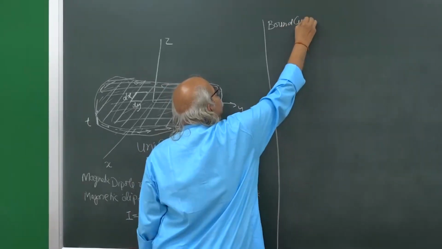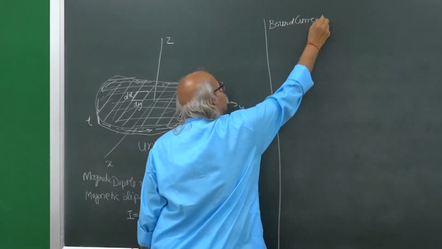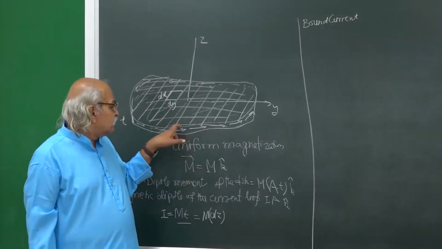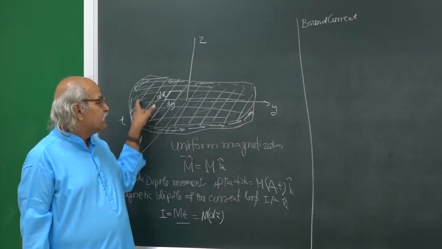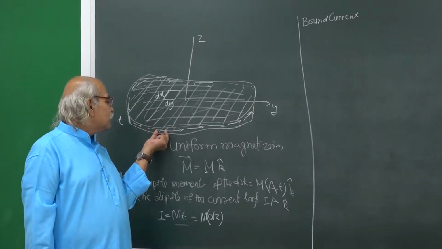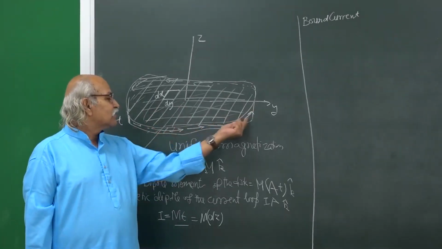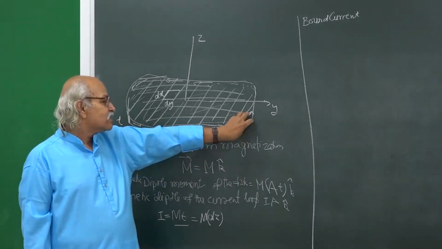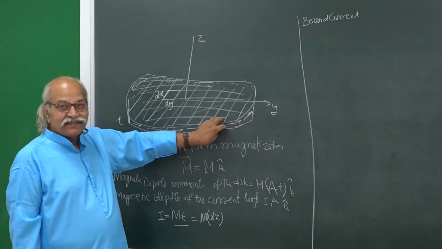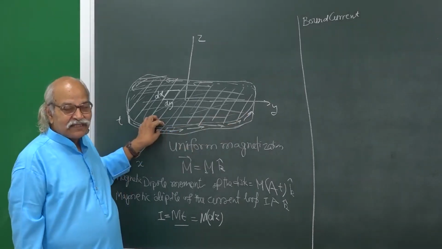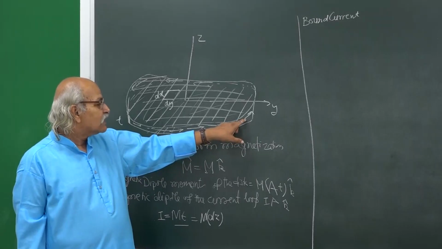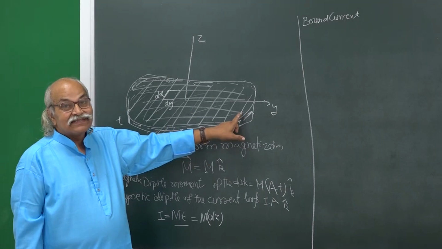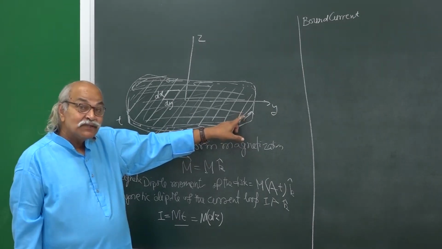Why? Because although you can see that there is a current at the periphery, no electron is going from here to here to here. The electrons which are here, they are not coming here, because all these electrons are bound to their nuclei.